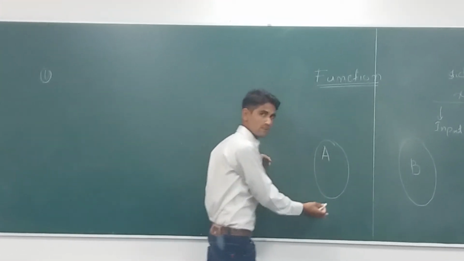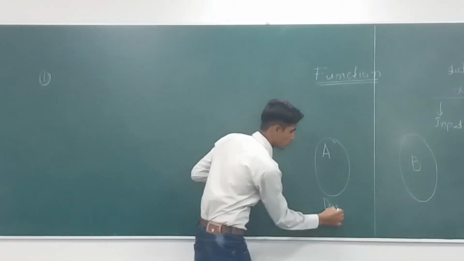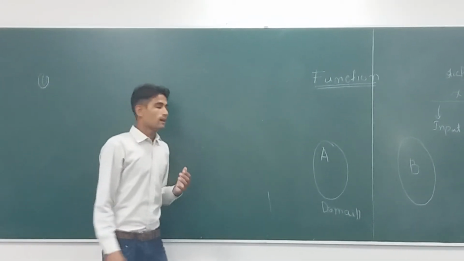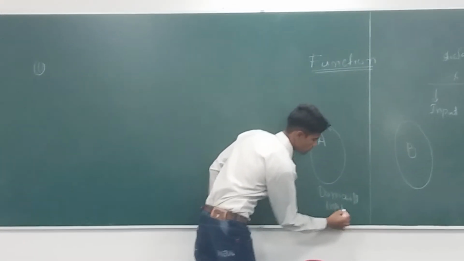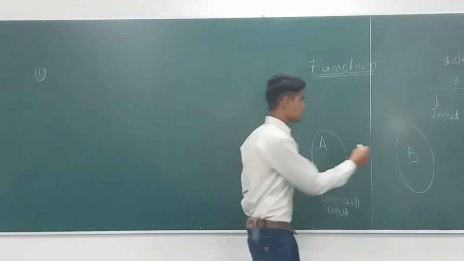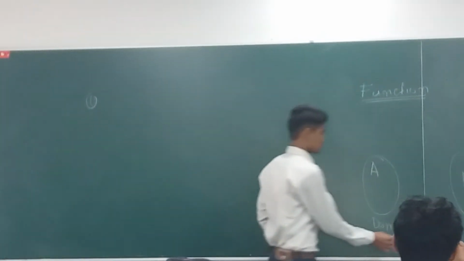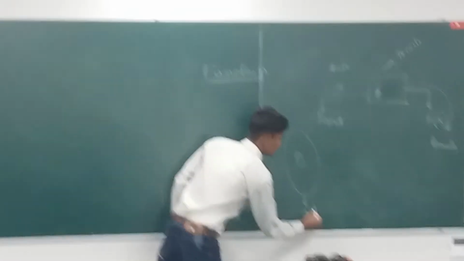The elements of the first set are known as the domain, or we can say the input. The elements of set B are known as the output.